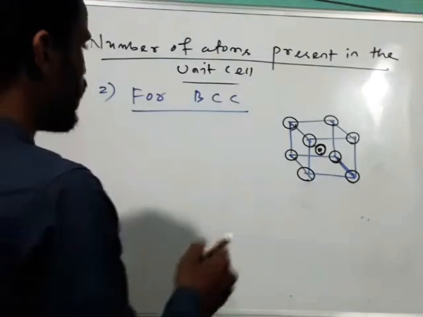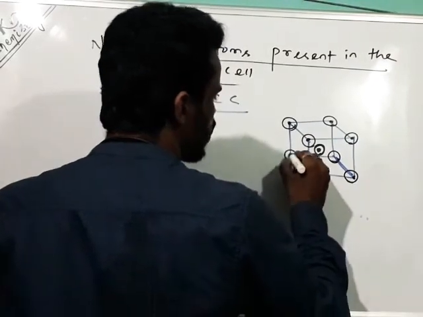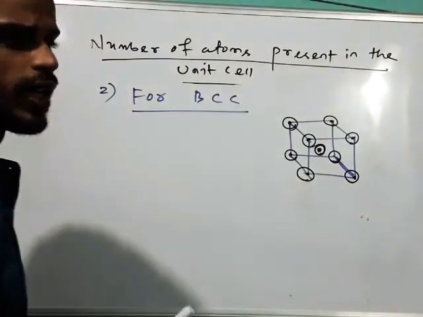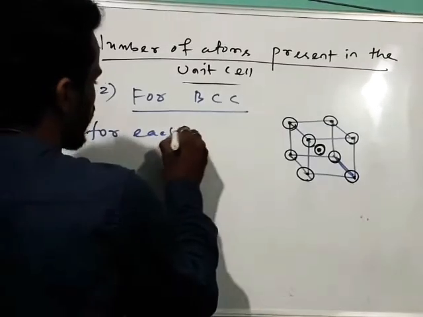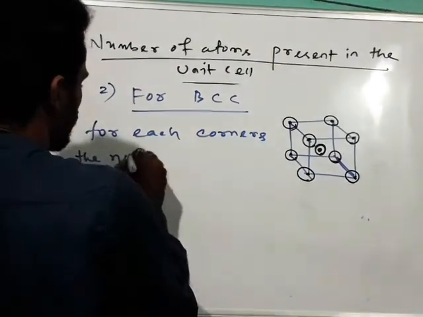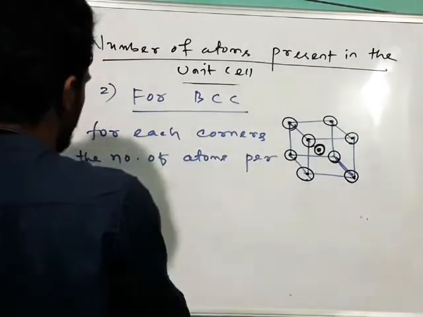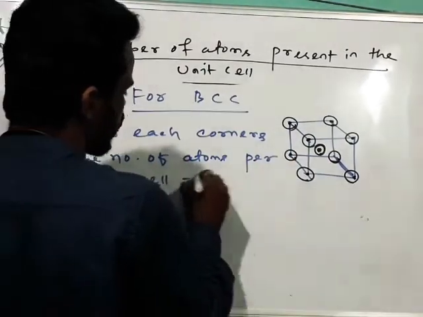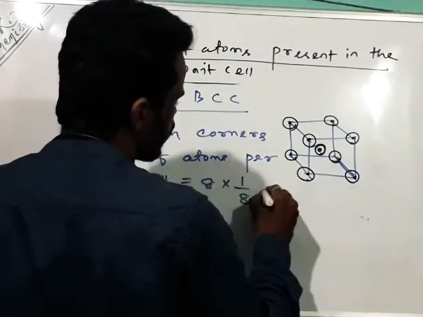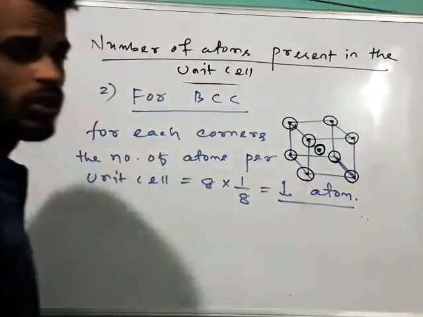As per the simple cubic unit cell, we confirmed that for each corner the number of atoms per unit cell is 8 into 1 by 8, which is equal to 1 atom for the corners.